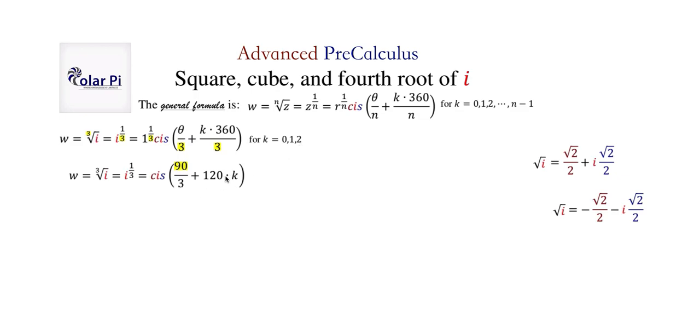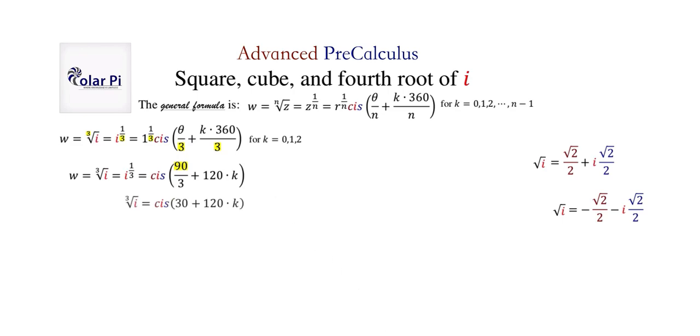Beyond simplifying this 90 over 3 into a 30, all we're going to do is choose k to be 0, then 1, and then 2. That's going to spit out three different complex numbers, and those are the three cube roots of i.